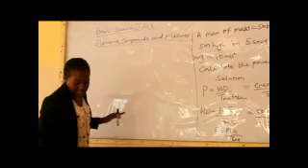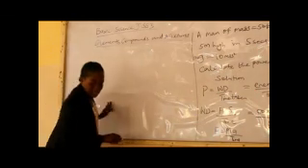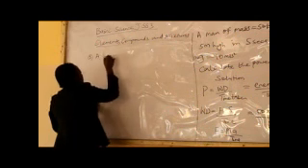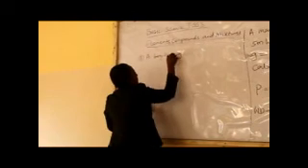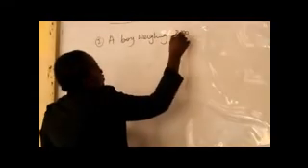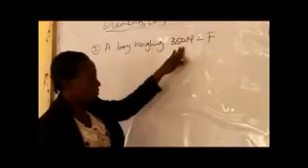If you look at number 2, you see that what they are giving is force. The boy weighing 350 Newton. Now what is that equal to? F. Force is measured in Newton.